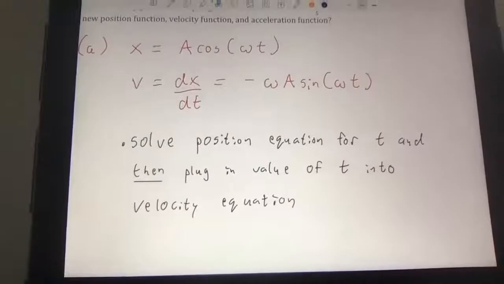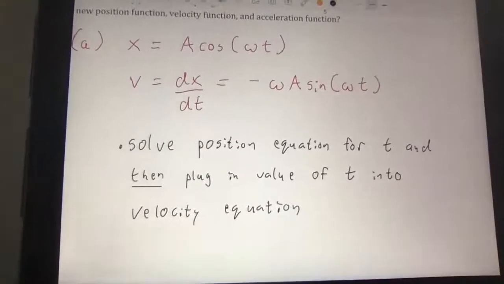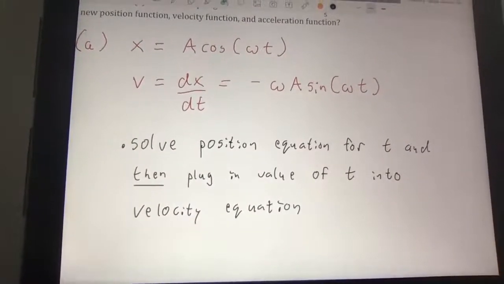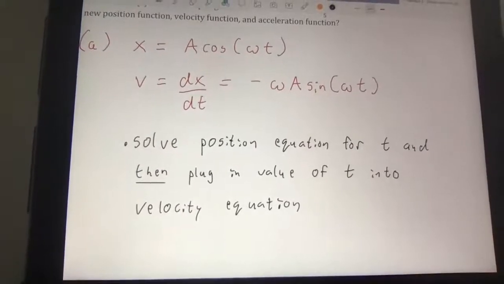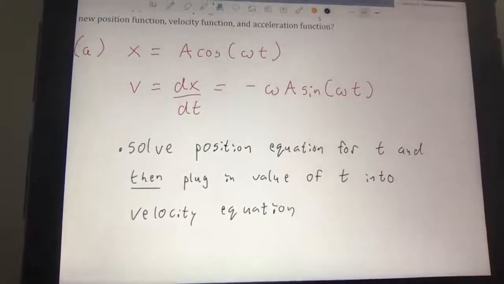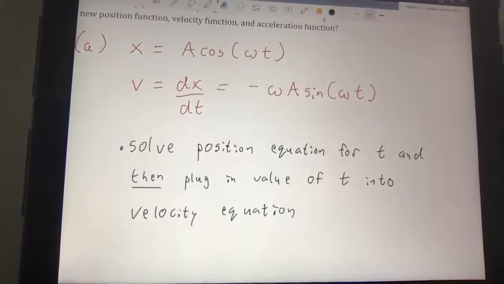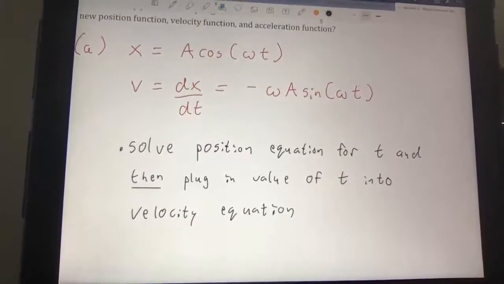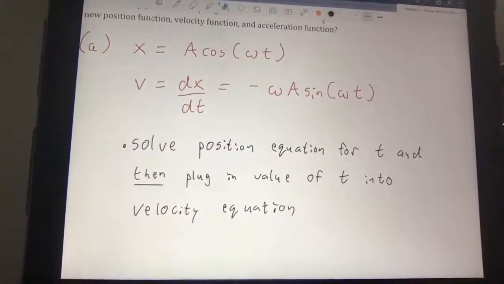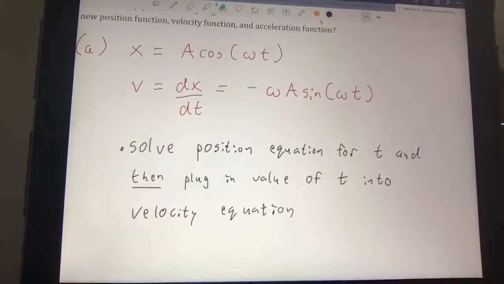Okay, so that's the process. You would use the upper equation, x equals A cosine omega t. You would solve that for t, by isolating t using an inverse trig function. Then once you have that value of t, you will plug it into your velocity equation to get your velocity.